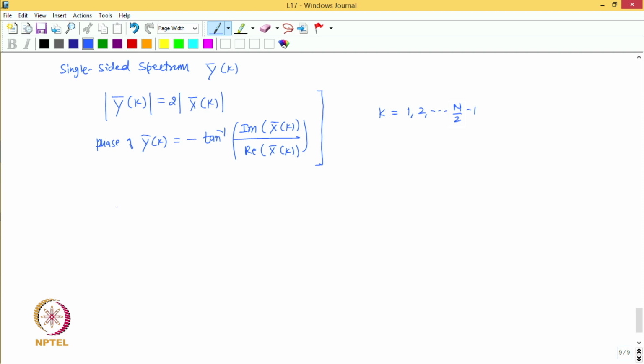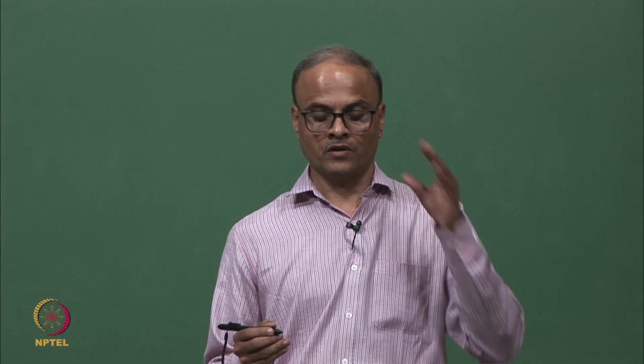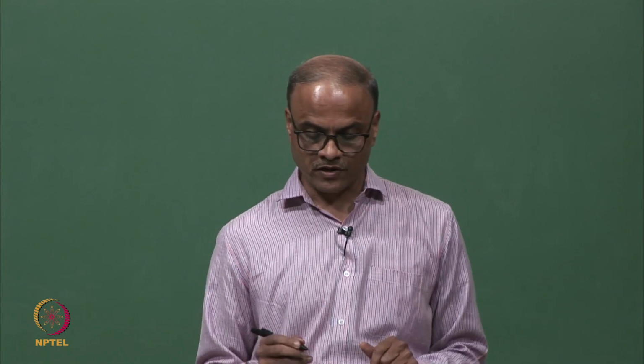For k equal to 0, the single sided spectrum DC component is equal to that of the DFT, and for the component at n by 2, y bar n by 2 is minus of x bar n by 2. Using these expressions, it is possible to convert the two sided DFT into a single sided spectrum.